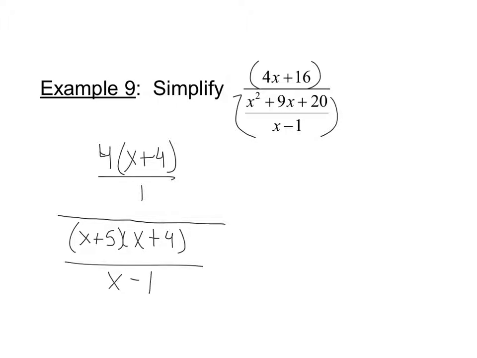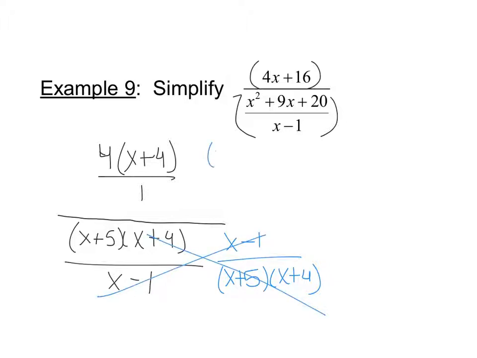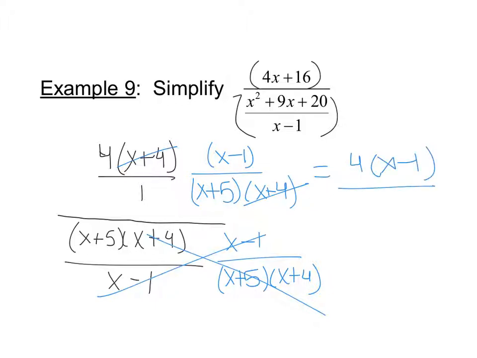So now when I multiply by the reciprocal, these cancel. See, because I added this over 1, now you see the tops and the bottoms. And we can see these are going to cancel, but that's going to be it. So what are you left with? 4 times x minus 1 over x plus 5. You can leave it just like that. Okay?